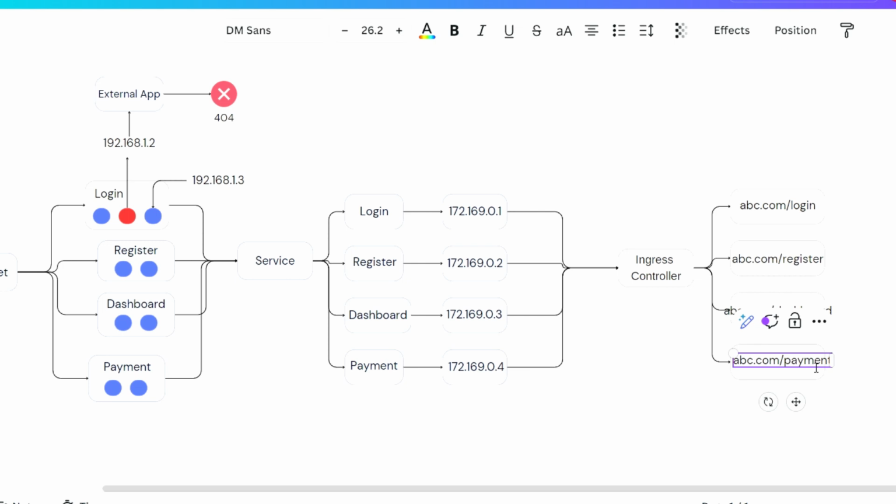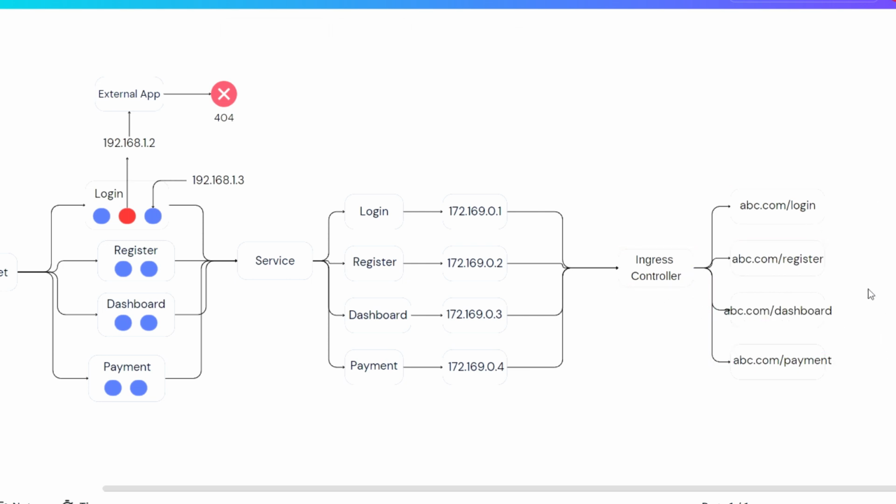There are a lot of Ingress controllers. Previously I discussed path based routing, domain based routing, whitelisting, blacklisting, and dividing your request into sub requests so that there is proper load balancing. After that you have the firewall and host based. You can perform all these things with the Ingress controller.